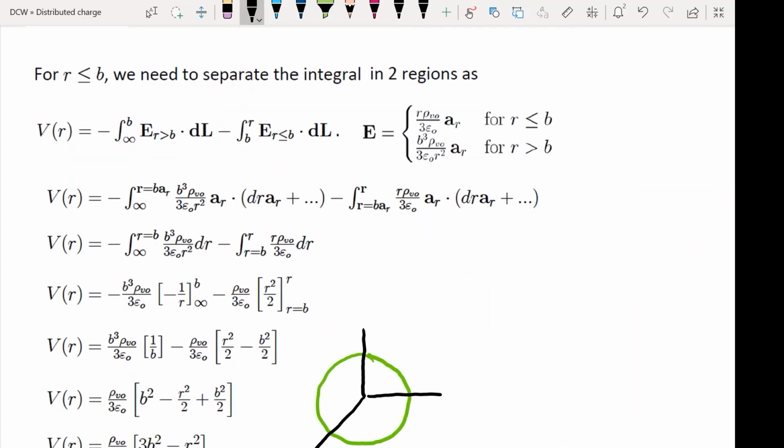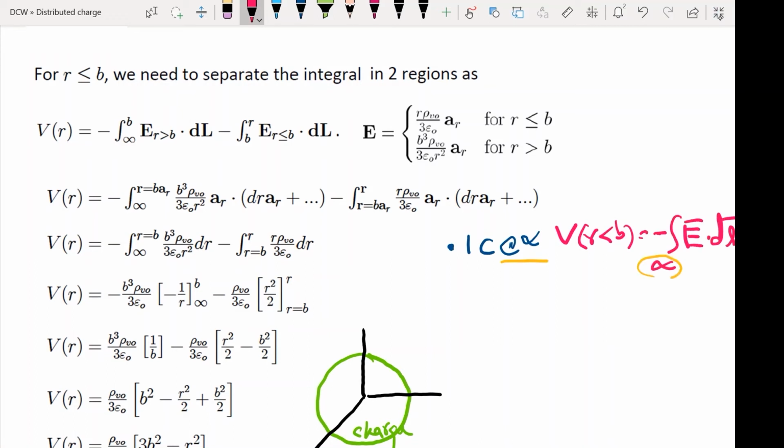For R less than B, we have a 1 coulomb charge at infinity and move it to R where R is less than B. Here is the location for R less than B. We need to move a 1 coulomb charge from infinity to B. Then we move from B to R where E is different.